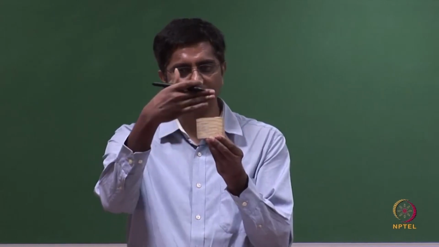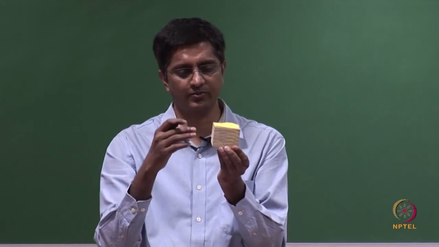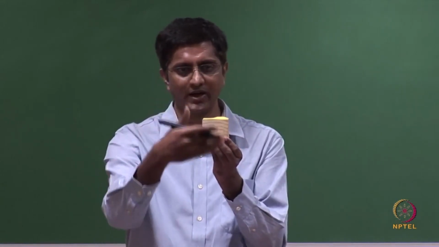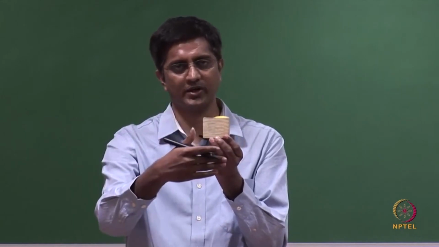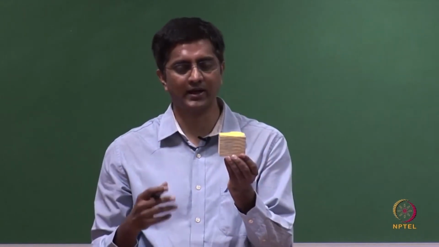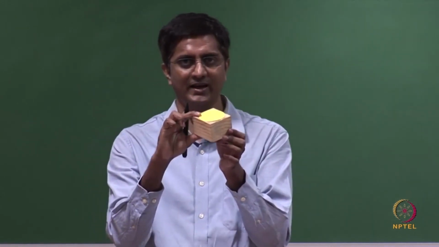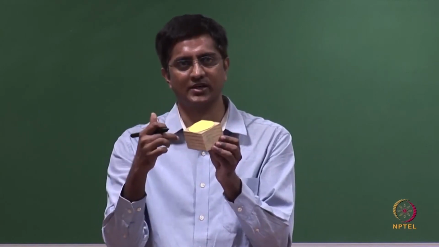Either it is parallel to the projection plane or perpendicular to it, depending on which face you are looking at. If you are looking at the front face, it is parallel. If you are looking at this face which is on the side, it is perpendicular. However, in the other 3 you can hold the object at an angle where you can look at more than one face at a time.